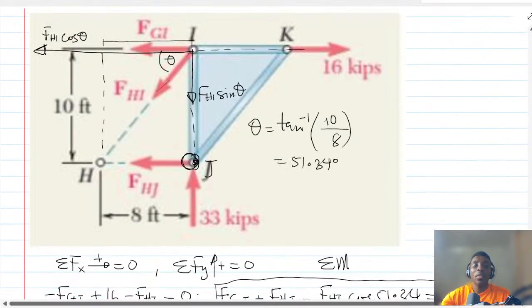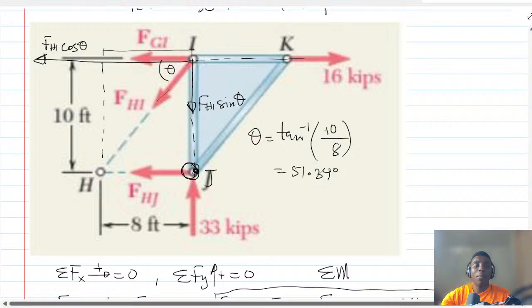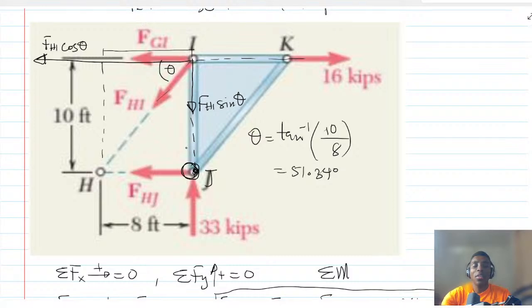And then FJI. Taking moment here, FJI multiplied by 10, but that one will give us a counterclockwise moment.